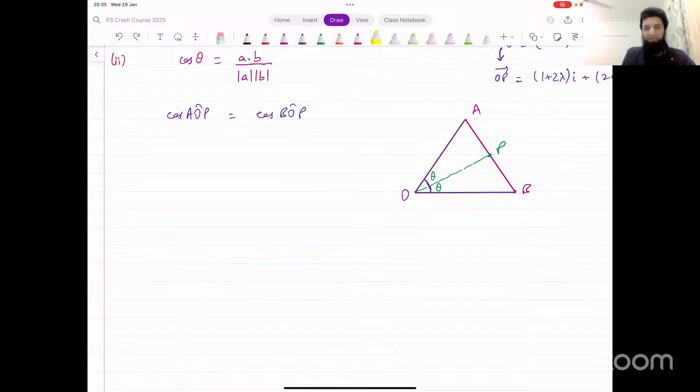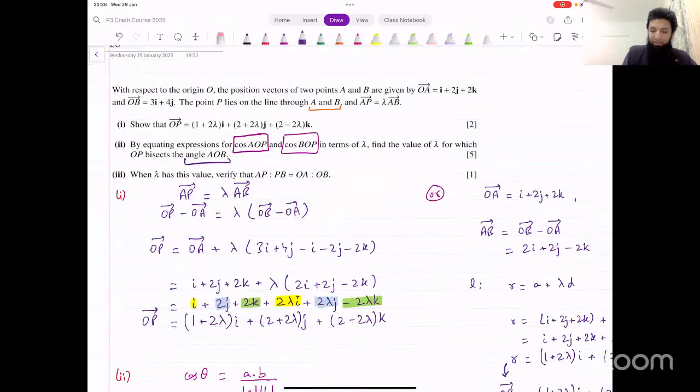Now, since it's being bisected, what that means is AOP angle and BOP angle, these two angles, they should be the same if the angle is being bisected. That is why they are asking you to equate expressions for cos AOP and cos BOP. Now, they have helped you here by giving you this hint that this is what you have to do.